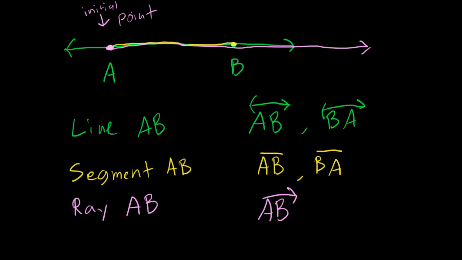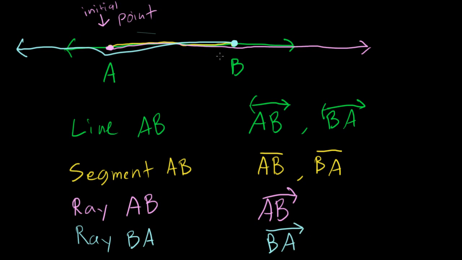And the B is the direction that it goes. Even if it had been this ray, we started at B and went through A, and we'll pretend that I didn't just miss the point, went through A, this would be ray BA written like this.